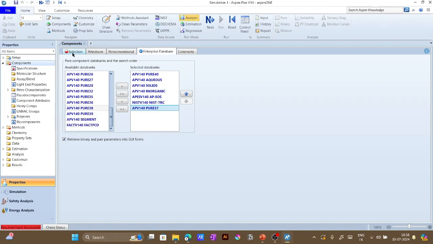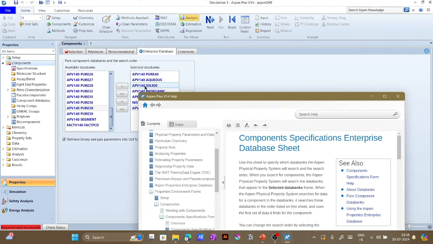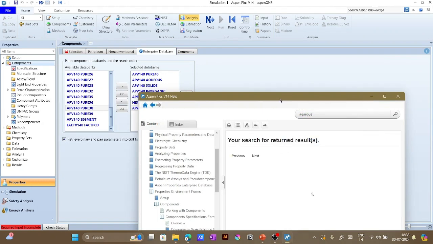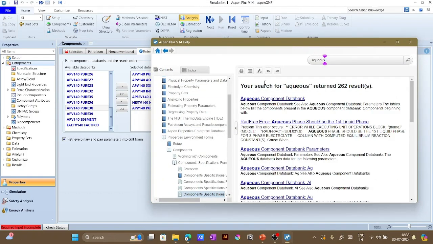When you get stuck, when you are confused about which method means what, just use this question mark button which shows help. In the help part, I can just search. Let's say I want to search what is aqueous. I will search aqueous, and it will search into the help book of Aspen Plus, and you get the aqueous component data bank first.